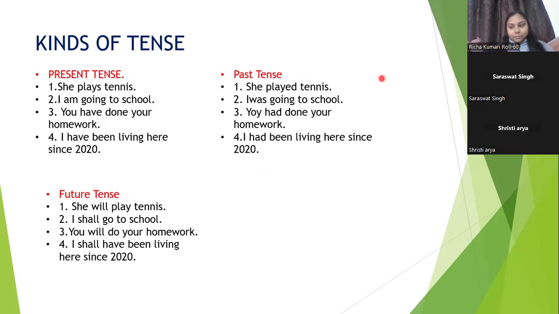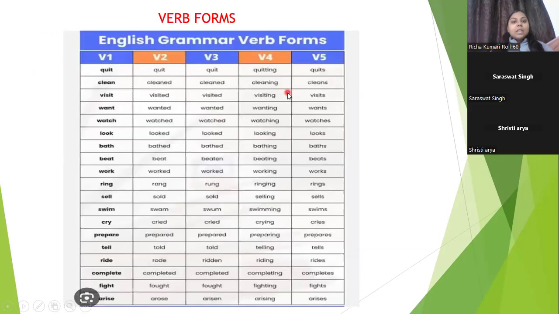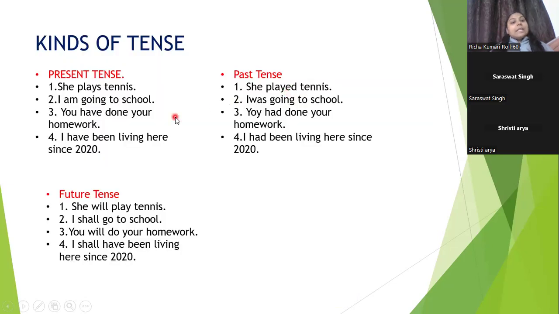राइट? यस मैम. अंडरस्टूड द डिफरेंस? यस मैम. ठीक है. अभी यहाँ देखो प्रेजेंट में हमने यहाँ पे V5 यूज किया है, लेकिन पास्ट में हमने क्या यूज किया है? विच फॉर्म ऑफ वर्ब इज दिस? V2. ठीक है? V2. Now see, I was going to school.